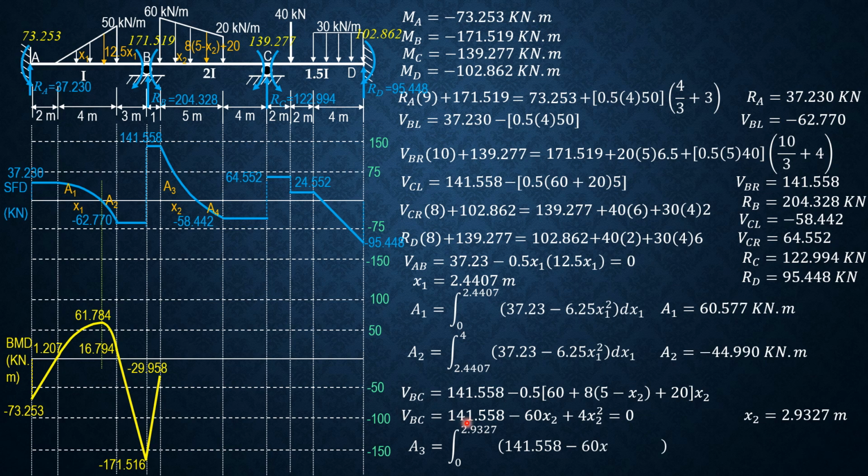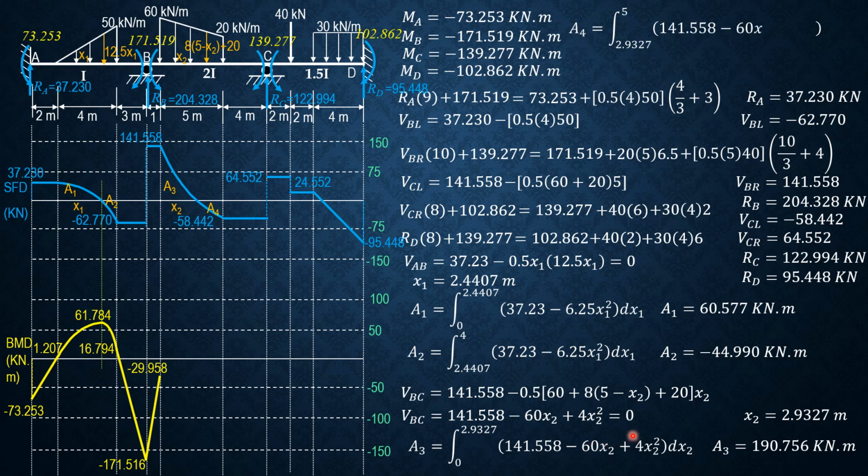So we have 60 plus 40 plus 20, so 120. So negative 0.5 of 120 is negative 60 times x2. Then negative 0.5 times 8 times negative x2 is positive 4x2 times x2, so x2 squared. Therefore, shear BC is 141.558 minus 60 x sub 2 plus 4 times x2 squared.